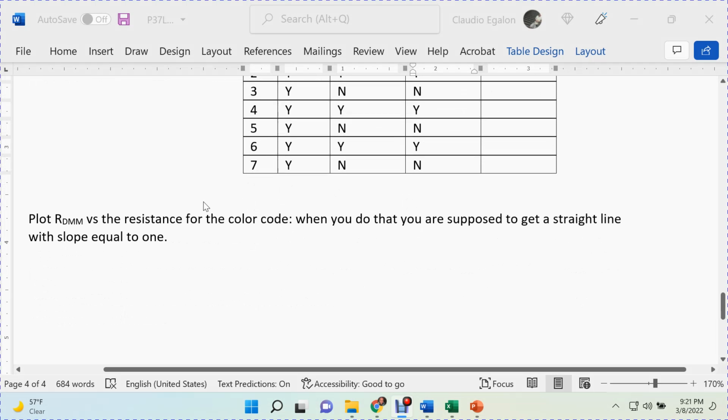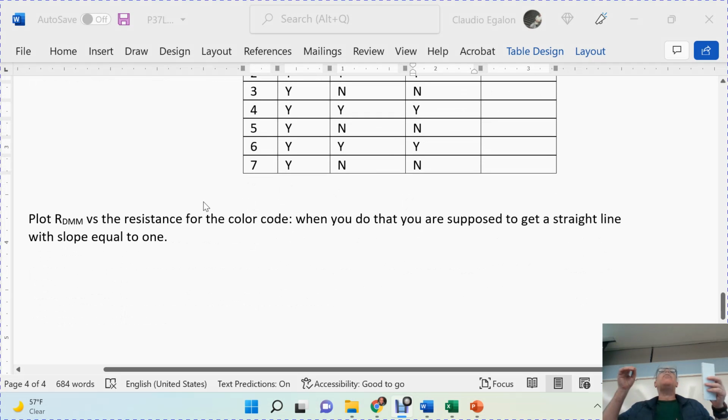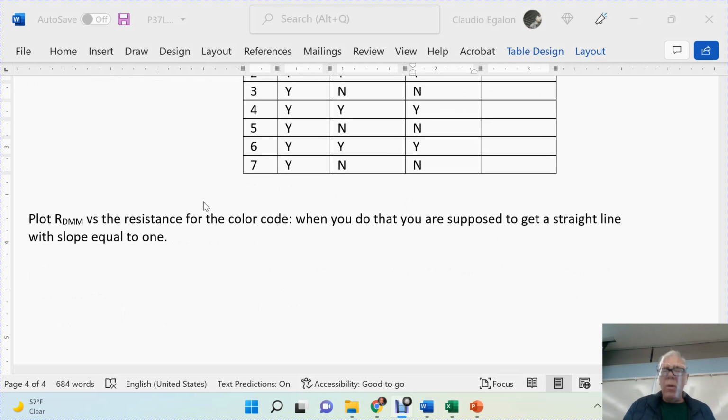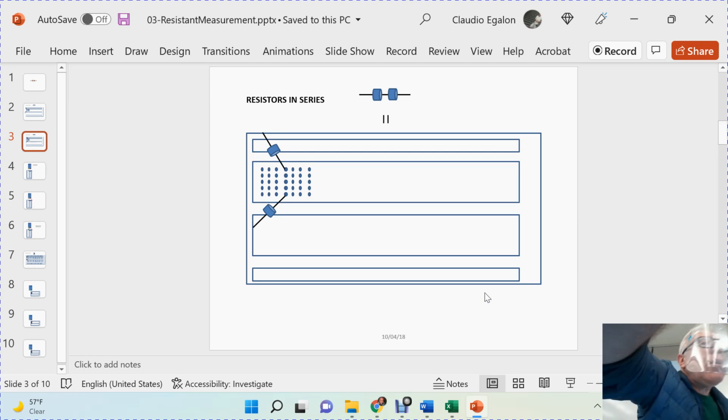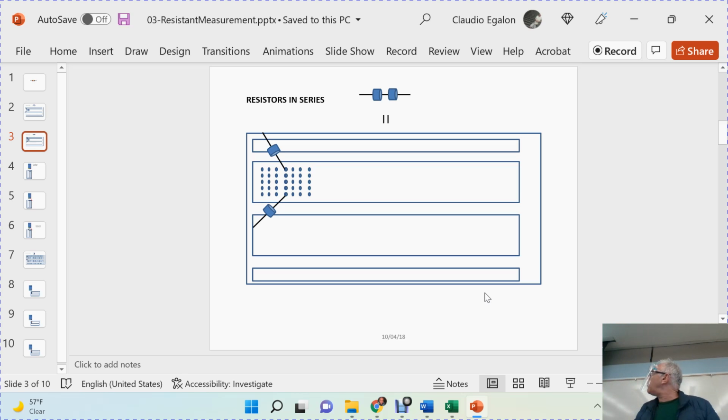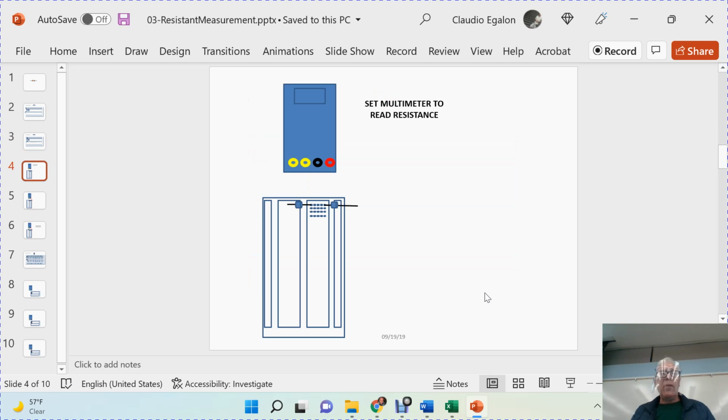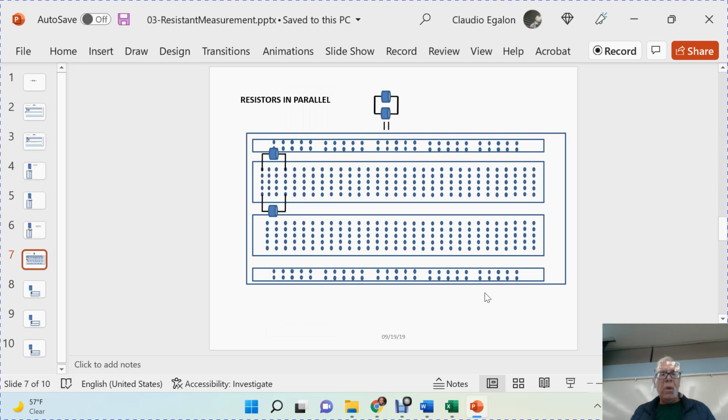So what's the third part? The third part, you're going to get your two resistors in parallel. Take a look at the PowerPoint. Resistors here are in series. Resistors in parallel is going to be like that.